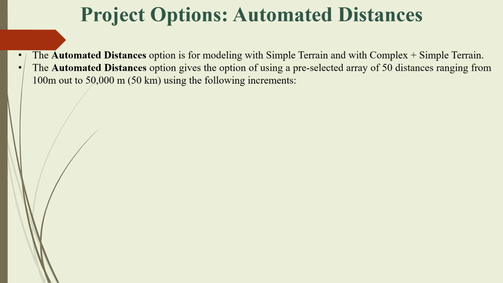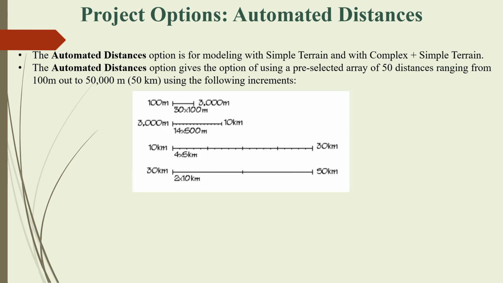Now, automated distances. This option is for modeling with simple terrain and with complex plus simple terrain. Automated distance gives you the option of using a pre-selected array of 50 distances ranging from 100 meters out to 550 kilometers using the following increments.